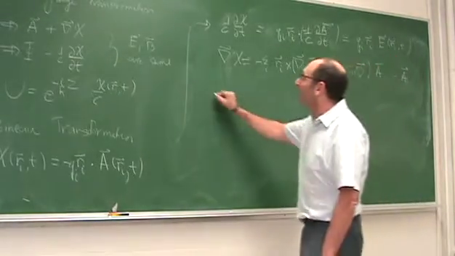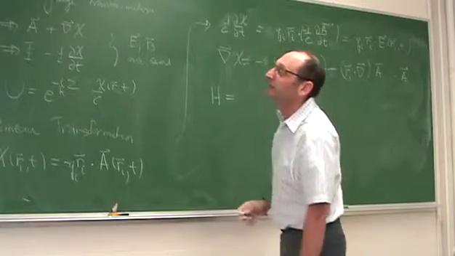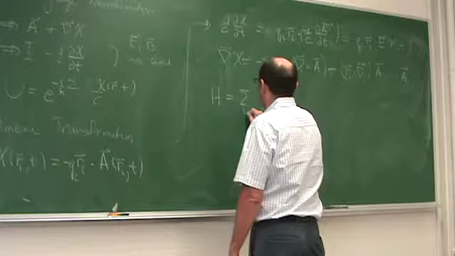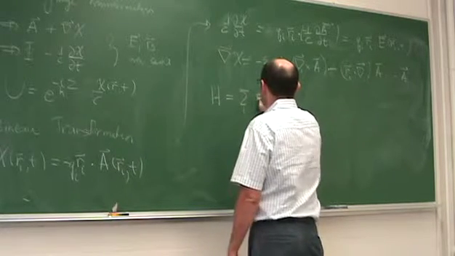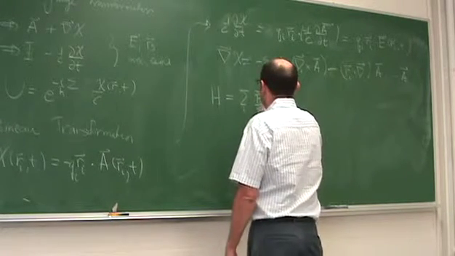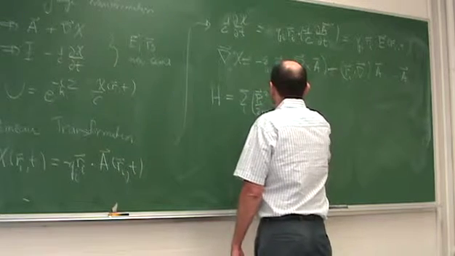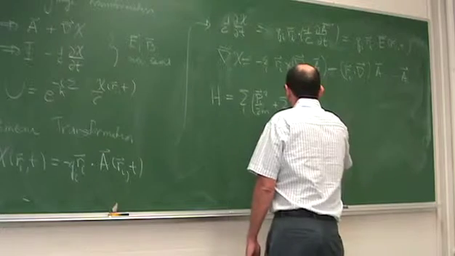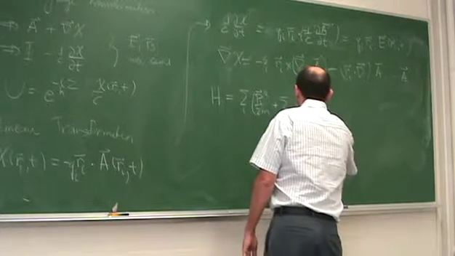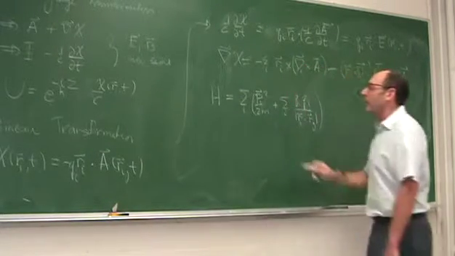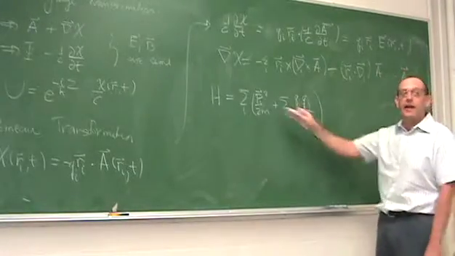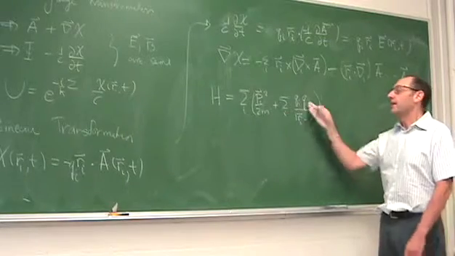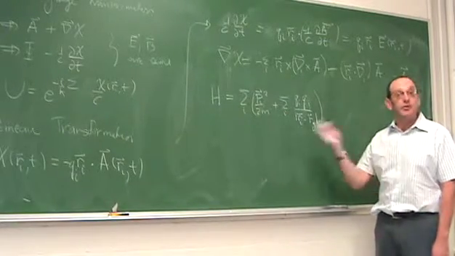the bottom line is this. When I put that together in this new gauge, I have the following. I have the original atomic Hamiltonian, looking at the kinetic energy of all the charges and the Coulomb interaction between all the charges.